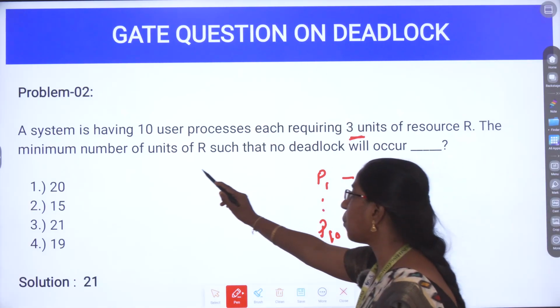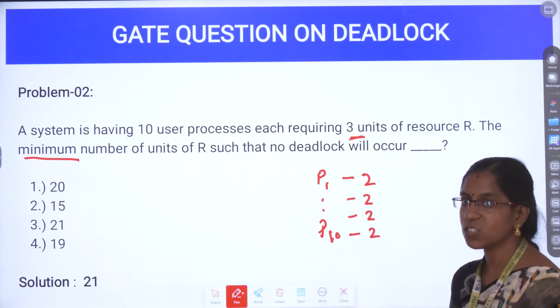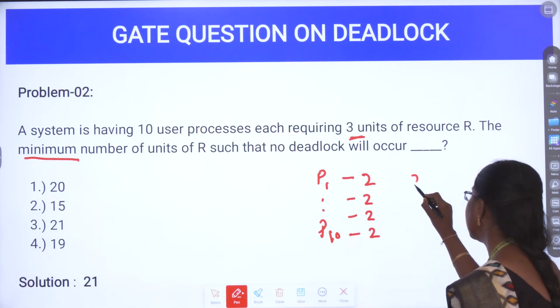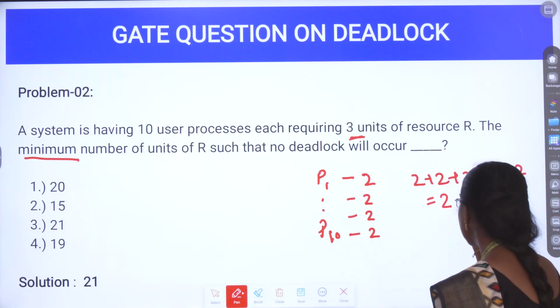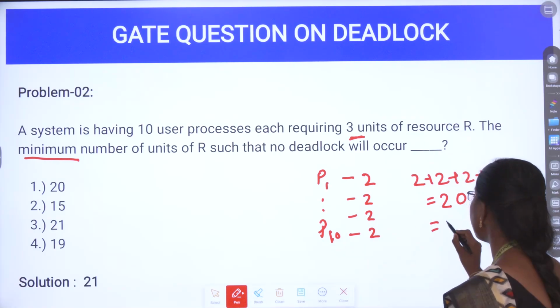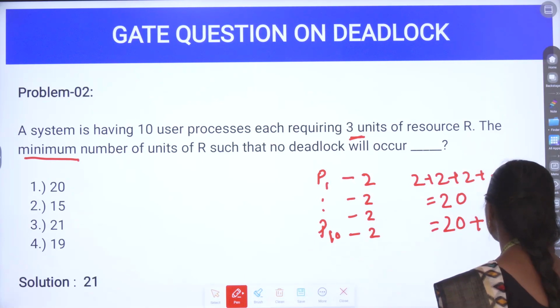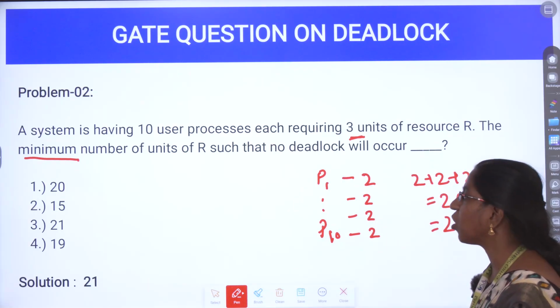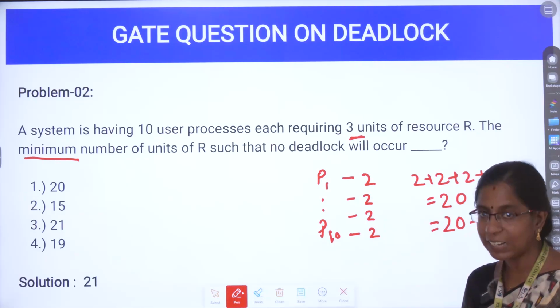The minimum number of units of resource to avoid deadlock: first add 2 plus 2 plus 2 till 10 processes. The answer is 20, and minimum means 20 plus 1, which gives 21. So with a minimum of 21 units of R, no deadlock will occur.